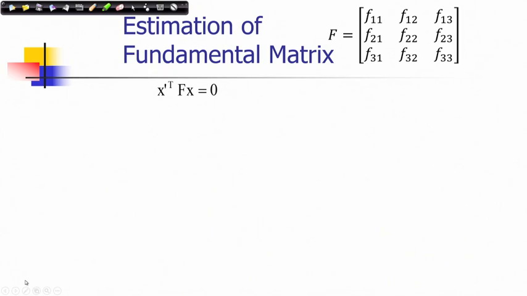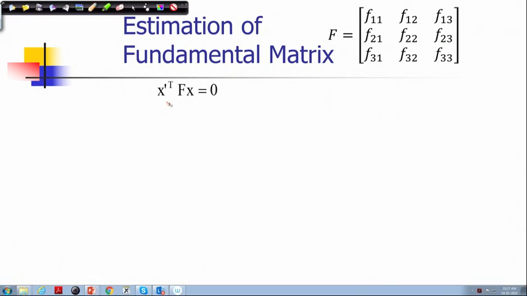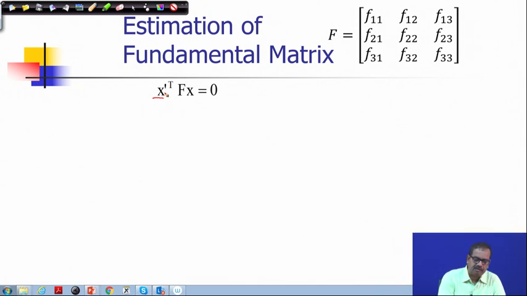So, consider the relationships with the corresponding pairs of points for a fundamental matrix. As we have already discussed, you have two points, x prime in the right stereo image, and x in the left, which is the reference stereo image.